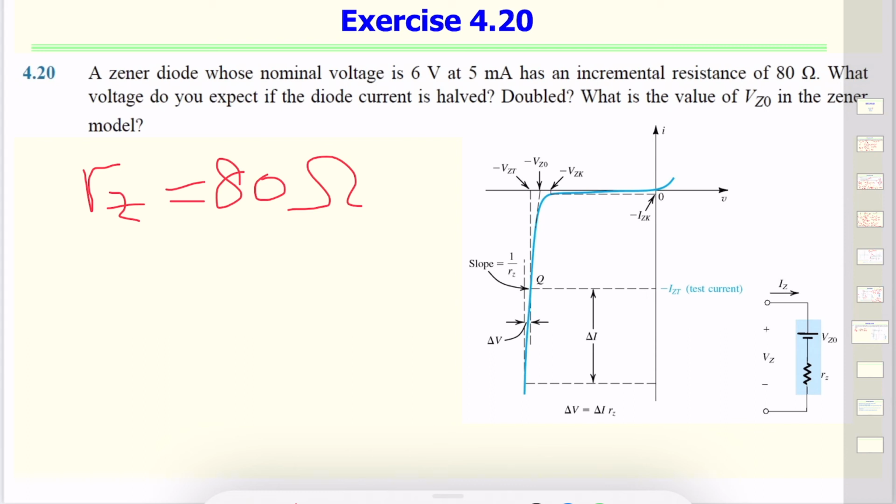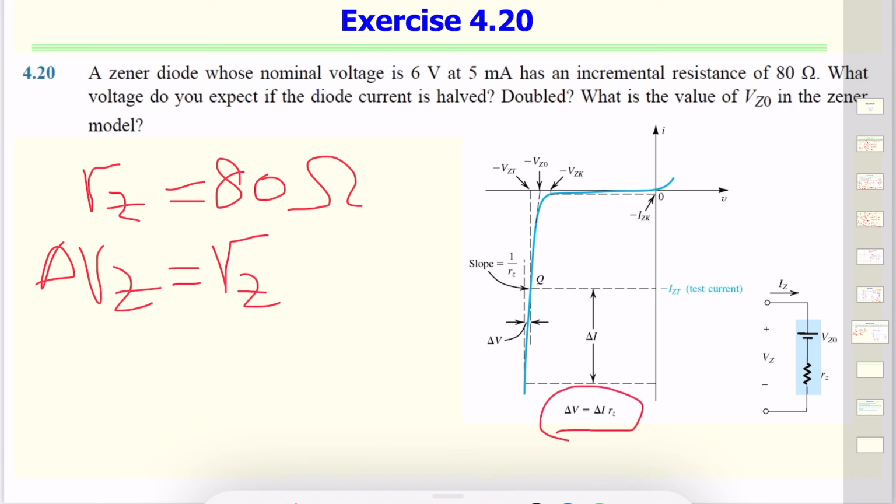What is the value of VZ0 in the Zener model? So we have to see a few observations. So delta VZ is, in a similar way that we saw, RZ times delta IZ.